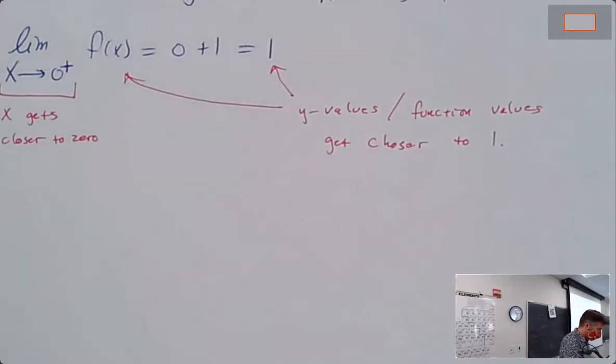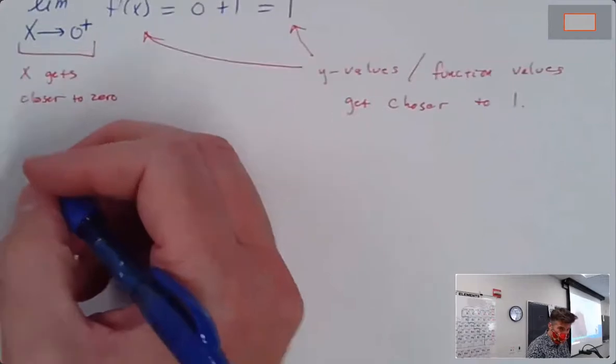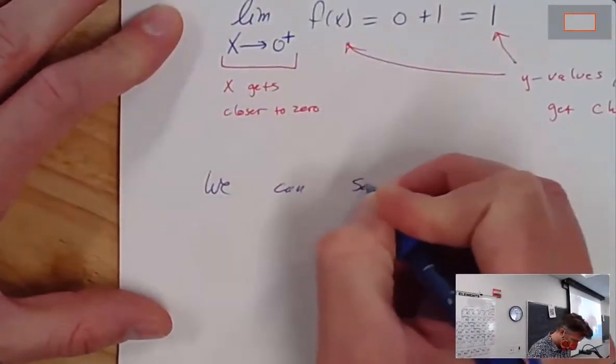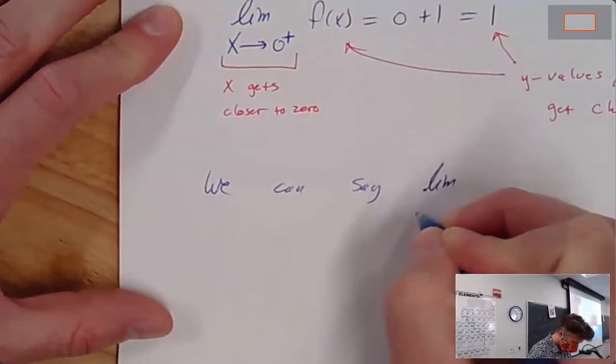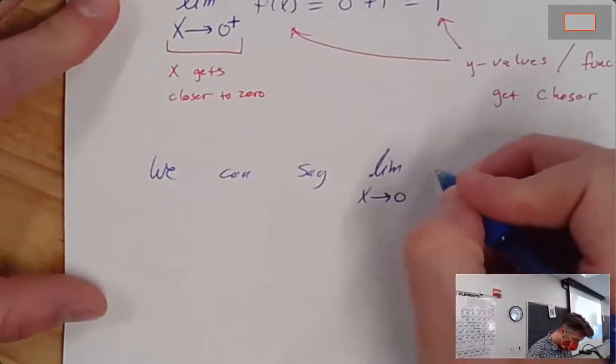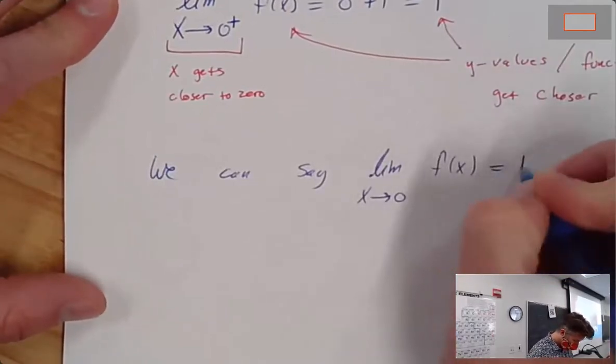Sorry. What I want to say is, in this case, since the limit from the left and the limit from the right have the same value, we can say that the overall limit, or the double-sided limit, as people also call it, the limit as x approaches 0 of the function is equal to 1.